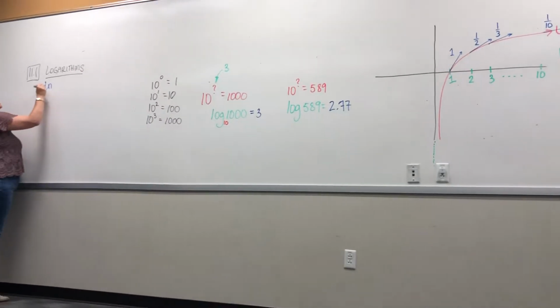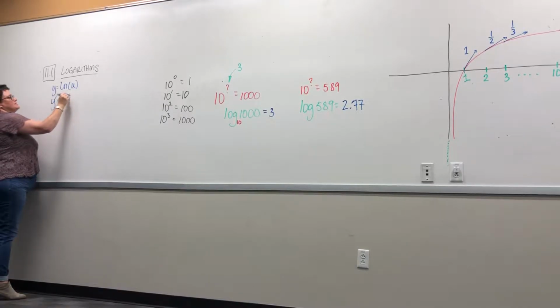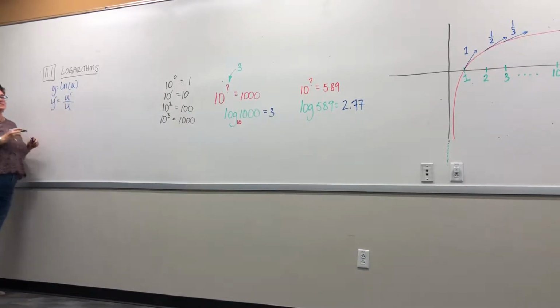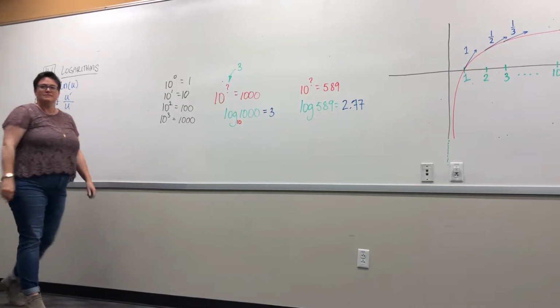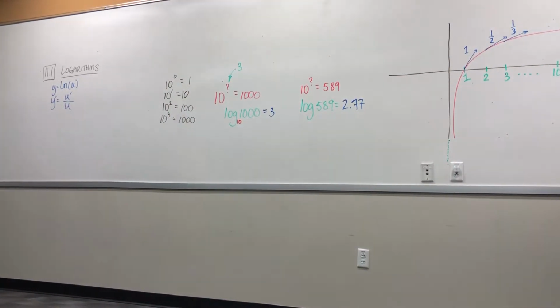If you have y equals the natural log of some stuff, its derivative is the derivative of stuff over the stuff. Isn't that pretty? It's actually really simple and really elegant. And derivatives of natural logs, not bad at all.